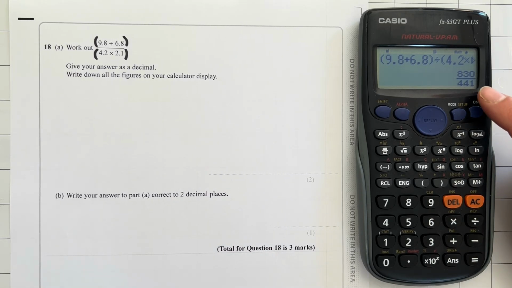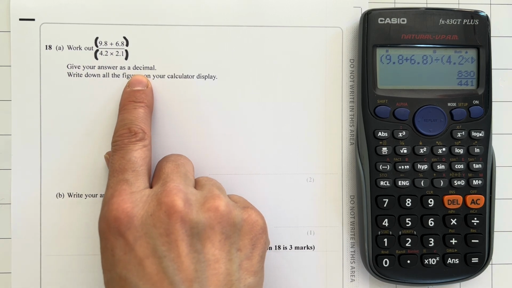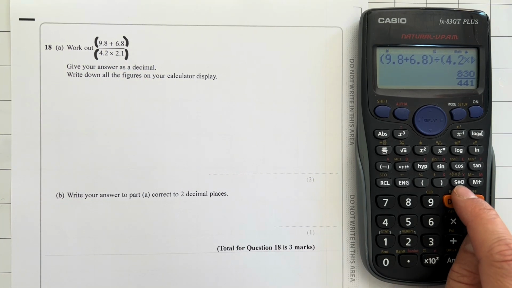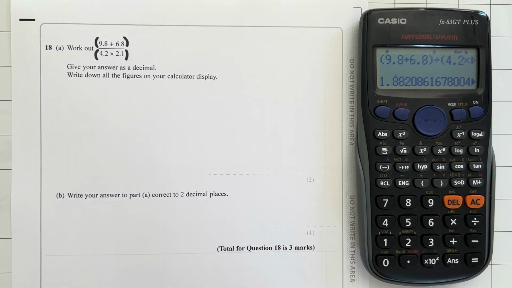My calculator has given the answer as a fraction. We need our answer as a decimal. So this button here that goes S to D, if we press that, it will change it to a decimal number.